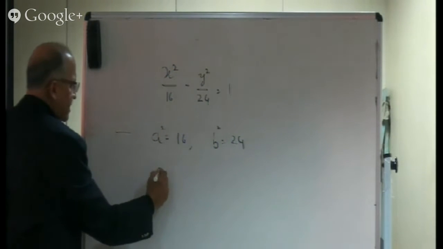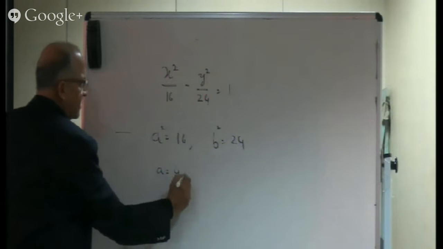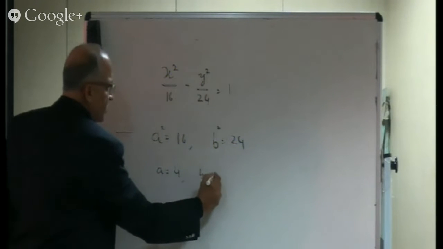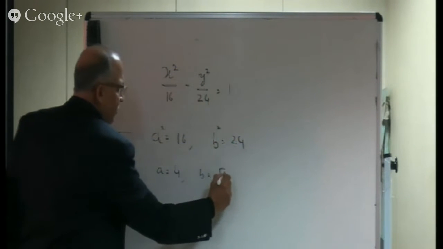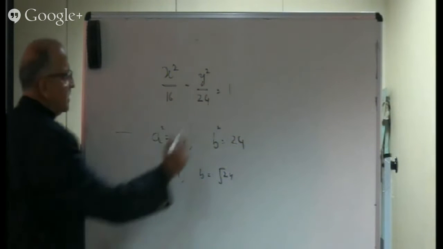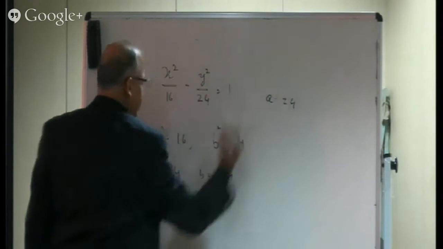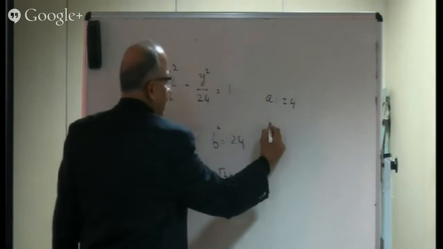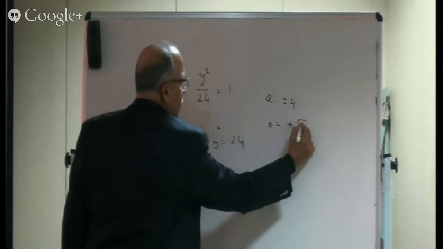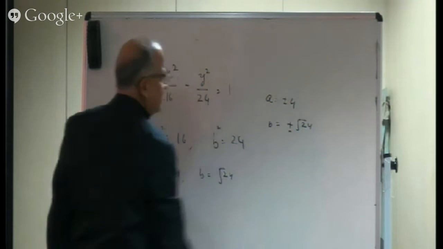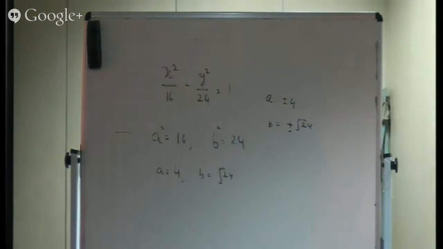So a is 4, b is square root 24. Actually, it gives you two values. a can be plus or minus 4, b can be either plus root 24 or minus root 24, so it is giving you both the points.